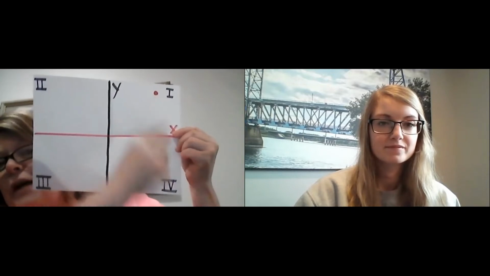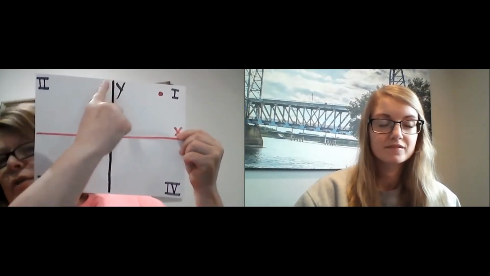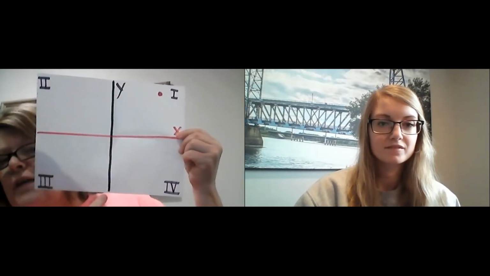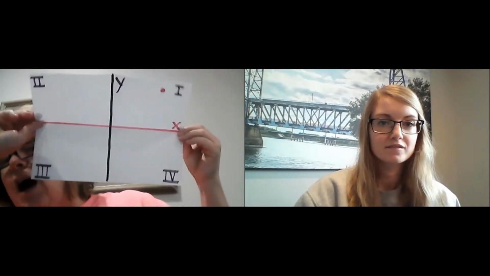I can reflect it over the x-axis, or I can reflect it over the y-axis. When it reflects over the x-axis, I'm going to fold my coordinate graph so that this point now is down in the bottom quadrant. And I'm going to show you that by drawing it on my paper.